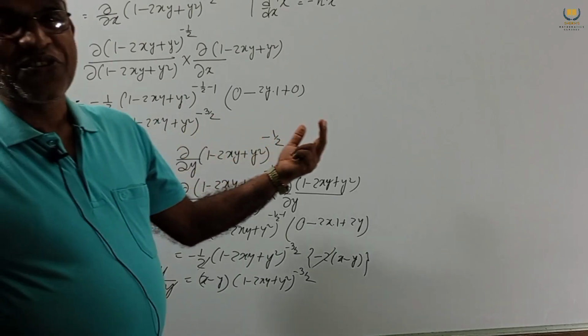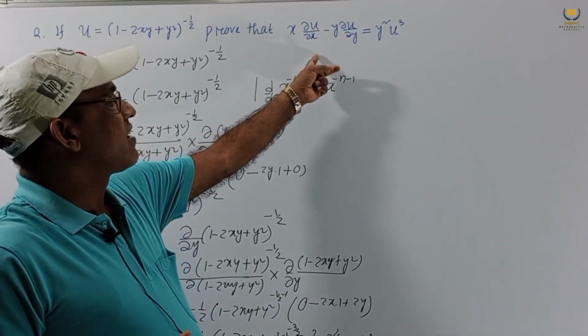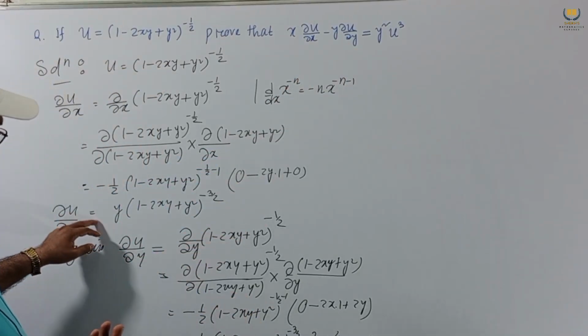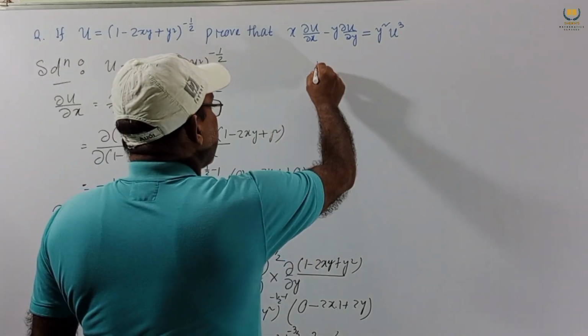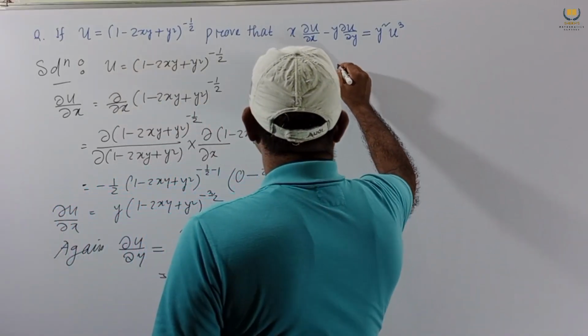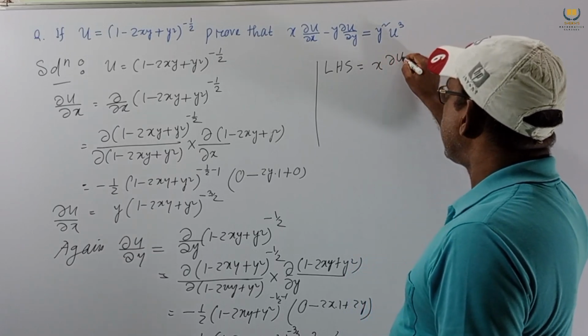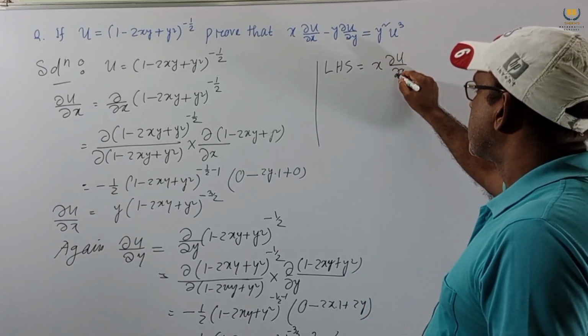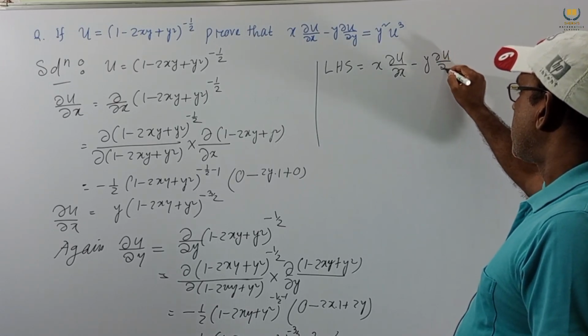So we get the two differentiations with respect to x and y, del u del x and del u del y, with these values. Now we take the left hand side. Our left hand side equals x del u del x minus y del u del y.